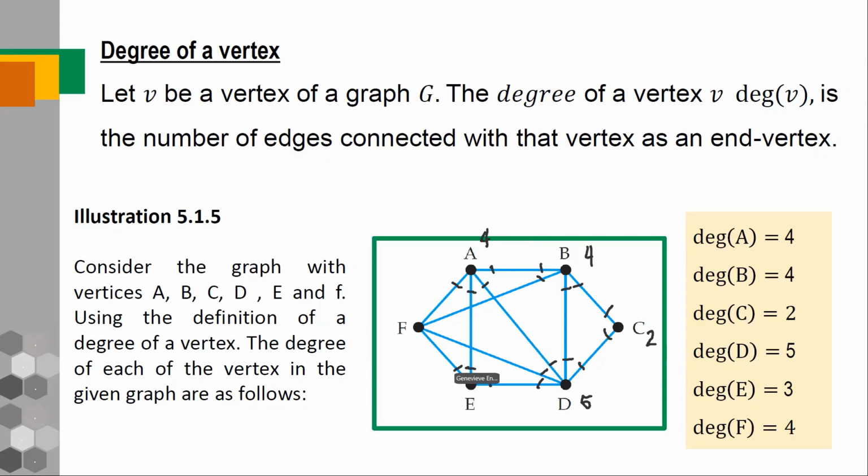Ang iyahang degree is 3. And si F is 1, 2, 3, 4. So iyahang degree is 4. So sa ato pang giingon, degree of A is 4, degree of B is 4, degree of C is 2, degree of D is 5, degree of E is 3, and degree of F is 4. Okay?